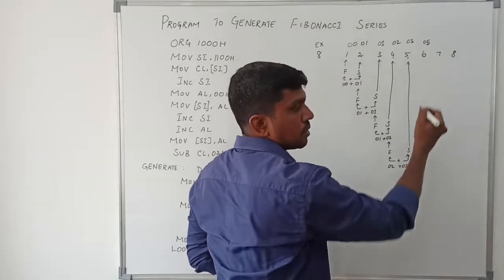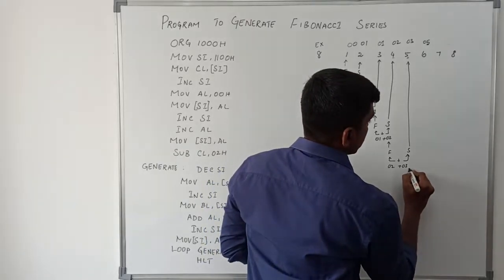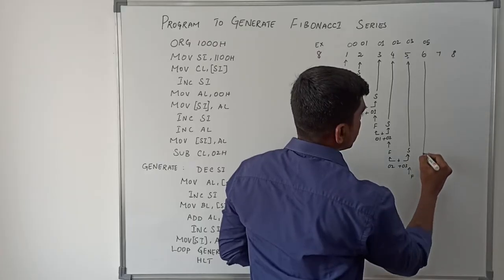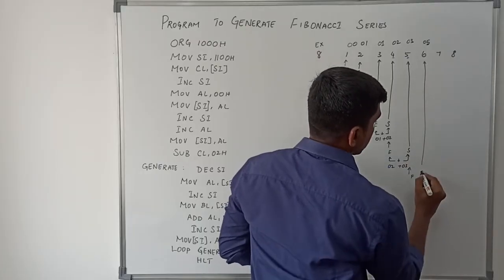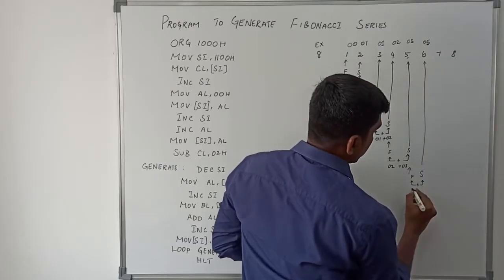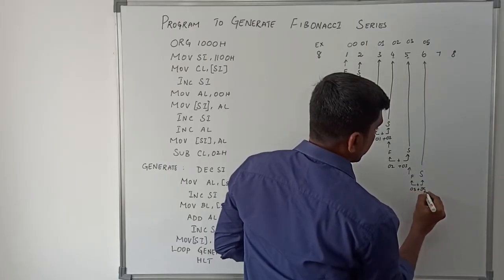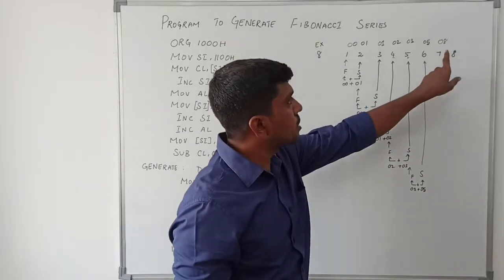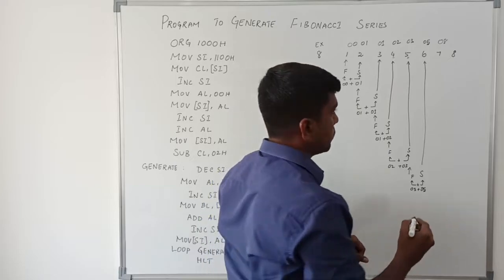Then you go to find 7. Adding 03 plus 05, the result is 08. So 08 is the Fibonacci series for 7.